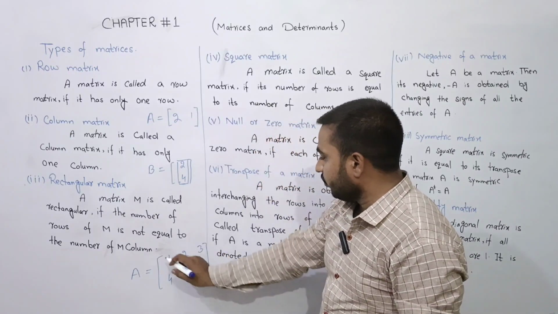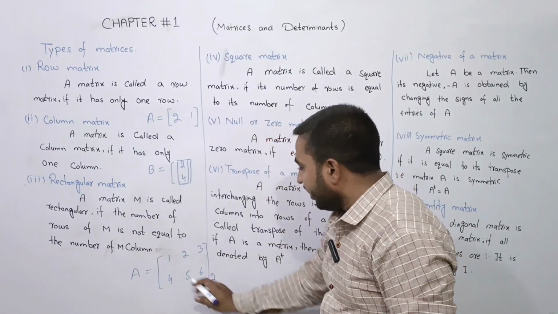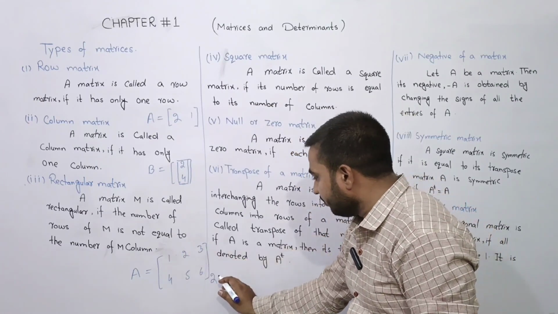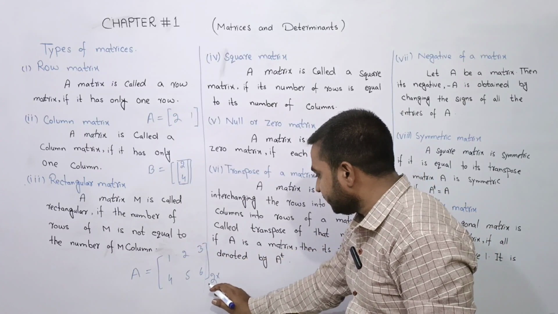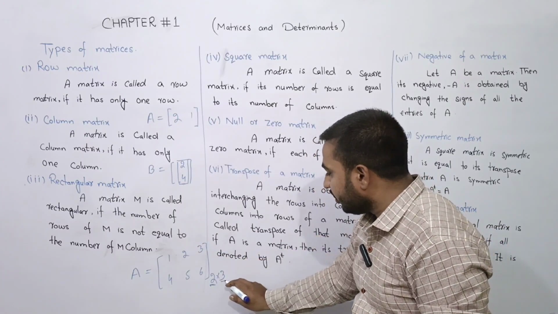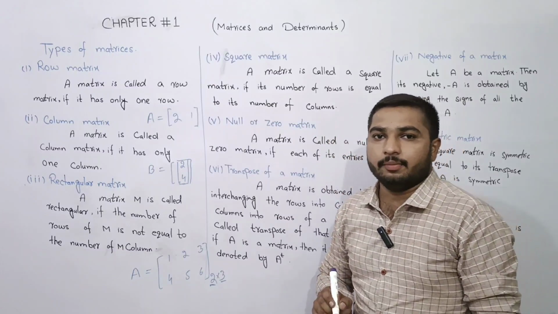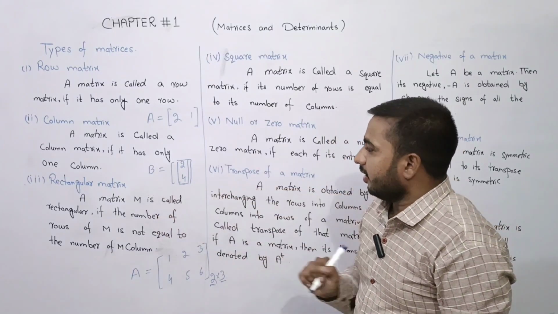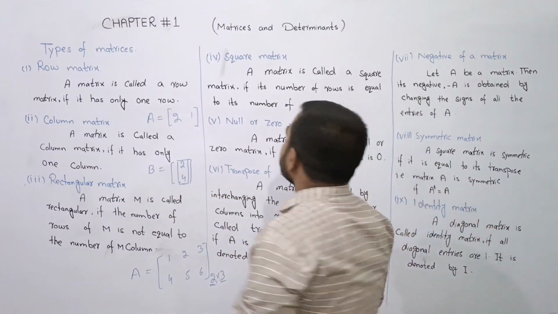How many rows? There are 2 rows. And how many columns? There are 3 columns. The order of this matrix is 2 by 3. The number of rows is not equal to the number of columns. That is why this matrix is known as the rectangular matrix.